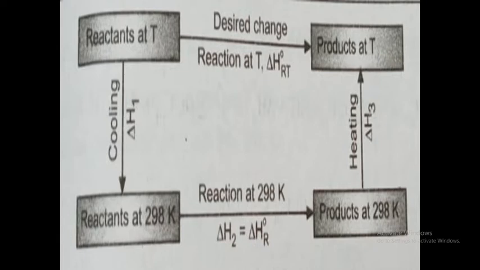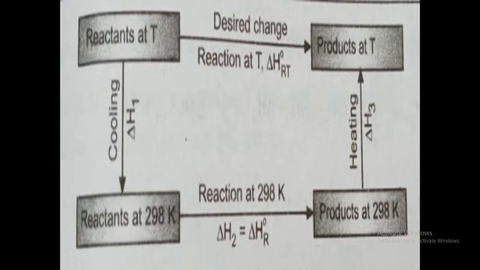During this process, the enthalpy change is delta H1. Step number 2, the reactants are converted into product at 298 Kelvin. During this process, the enthalpy change is delta H R naught.